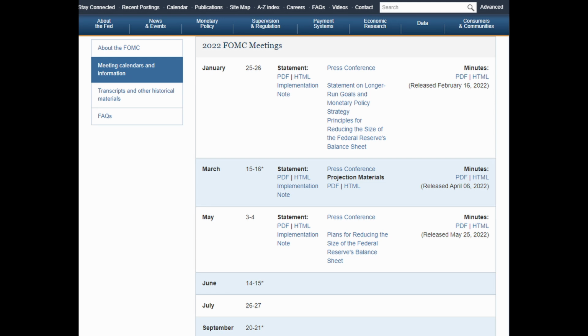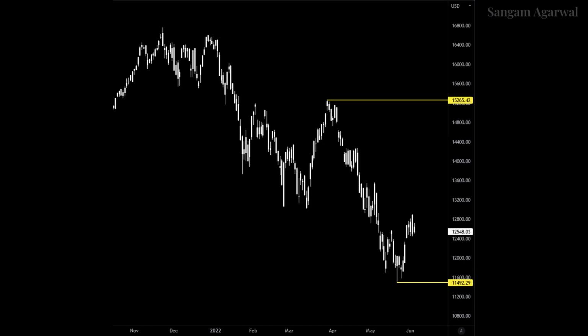And if you consider the Fed FOMC meeting, then in the June and July meetings a 50 basis point rate hike is coming, but everything depends on what will happen at the September FOMC meeting, and that decision depends on the CPI number.